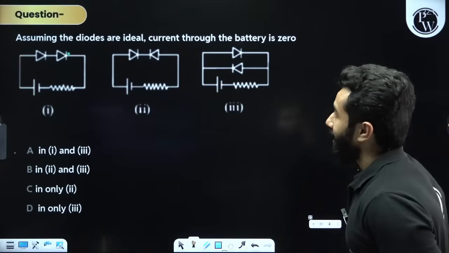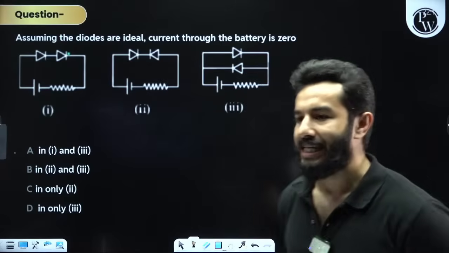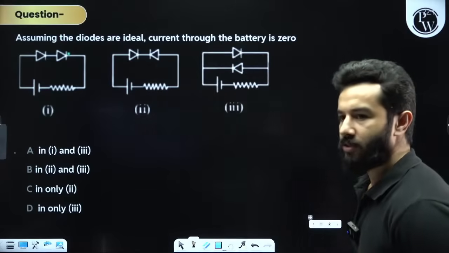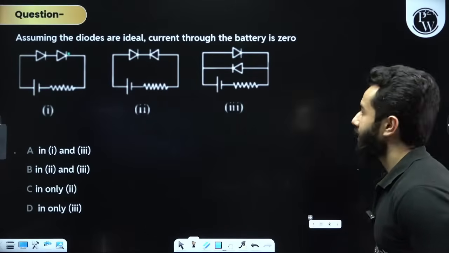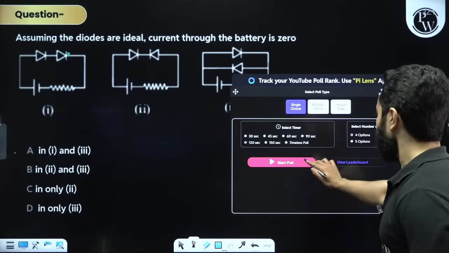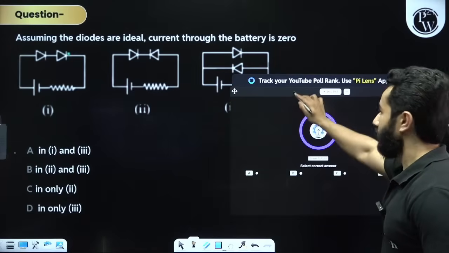Assuming the diodes are ideal, current through the battery is 0. You have to select the answer. 60 seconds.